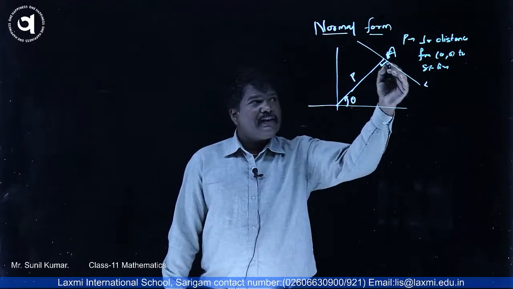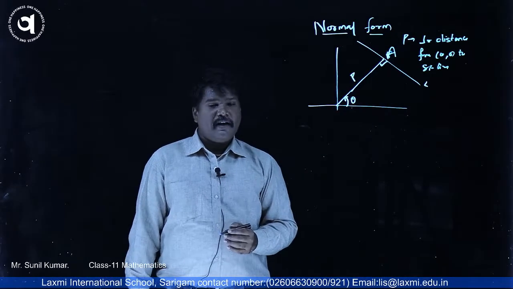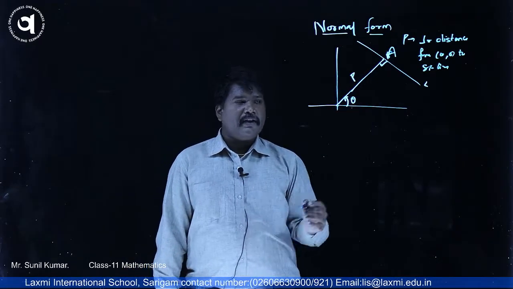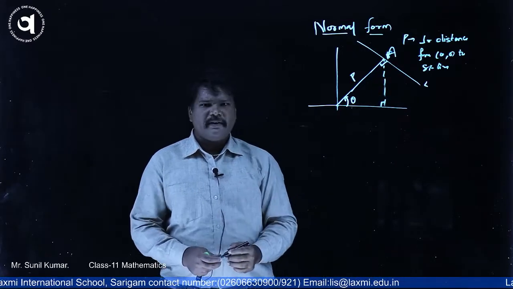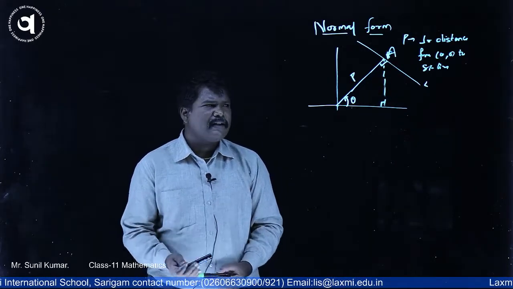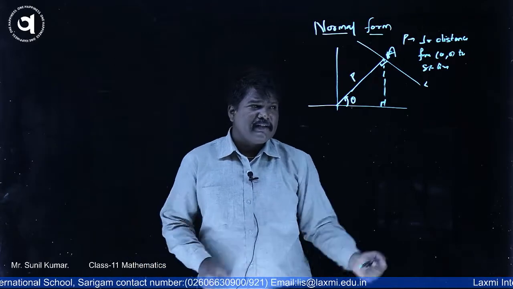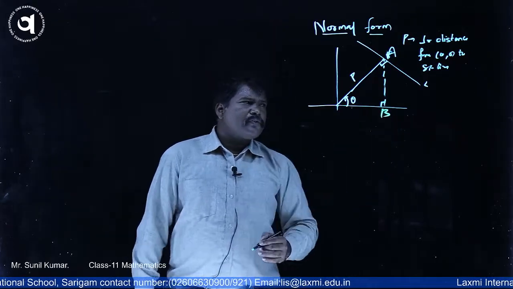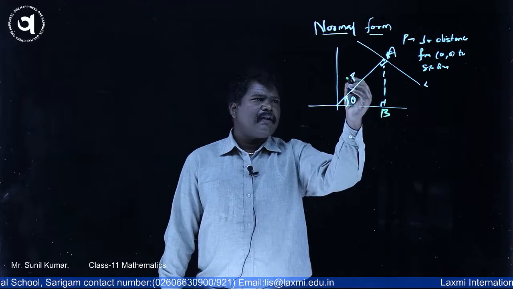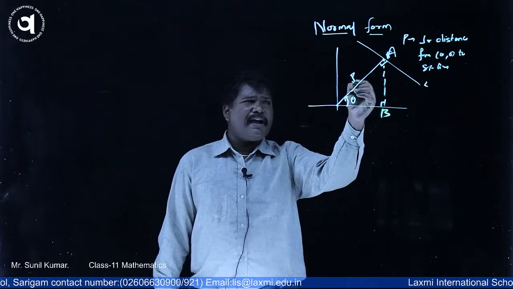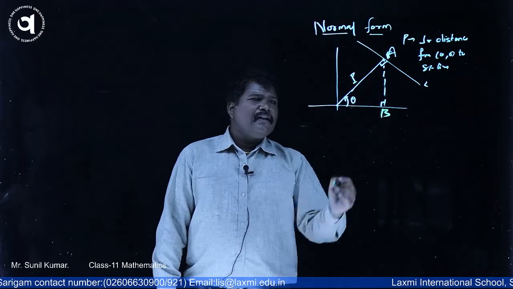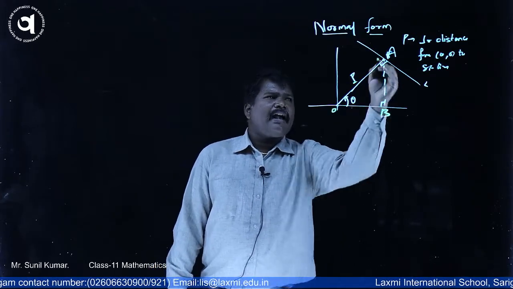So, I have a perpendicular distance and I have an angle. How can we get the coordinates of A? For that, let me take an imaginary perpendicular here. Let me assume this perpendicular meets the x axis at a point B. So, you have theta, you have p, and this is a right angle triangle. You have a hypotenuse and an angle; we need the base and perpendicular.